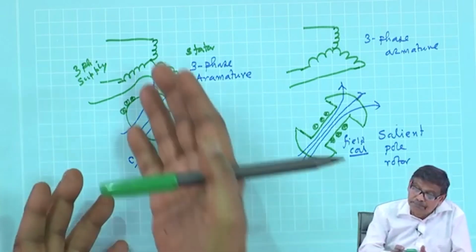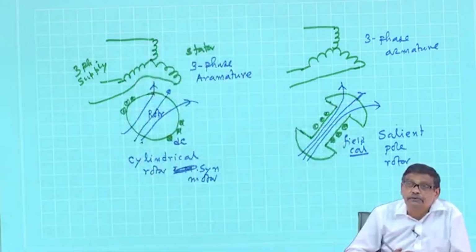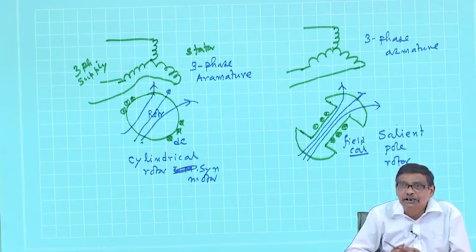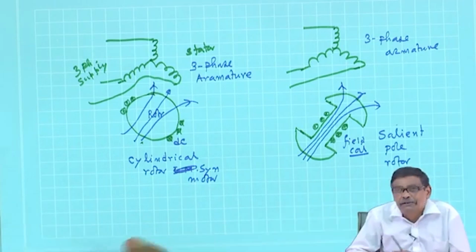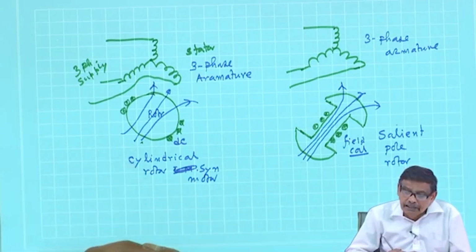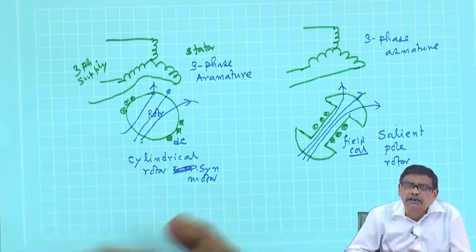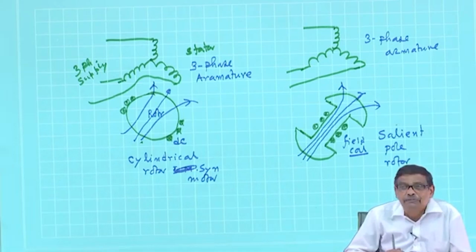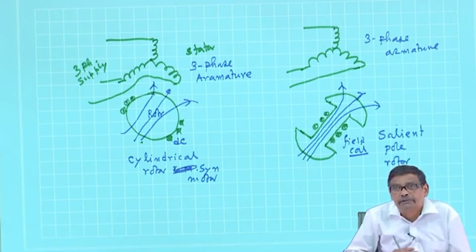The rating of synchronous machines could be very large compared to induction motors. Single phase induction motor has very low rating, FHP. 3-phase induction motor may also be large, 100 kilowatt, 200 kilowatt, like that. But a synchronous machine's rating could be really large, of the order of megawatt level.